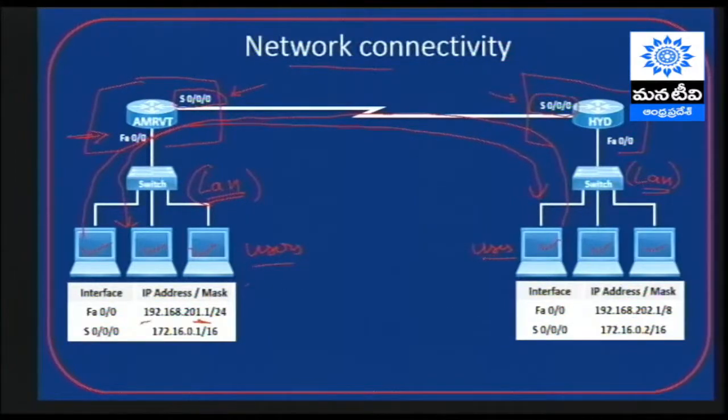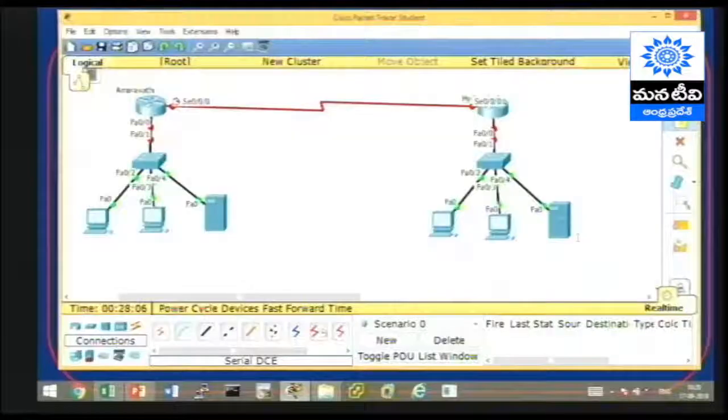The IP address used in Amravati is 192.168.201.1, 2, 3, 4, 5 for various network devices. Similarly, the IP address that we are using on the Hyderabad network is different from that we used in Amravati. That is 192.168.202.1 for the one router, and similarly for other computers we'll have different unique IP addresses. So let's follow the same structure in our example as well.